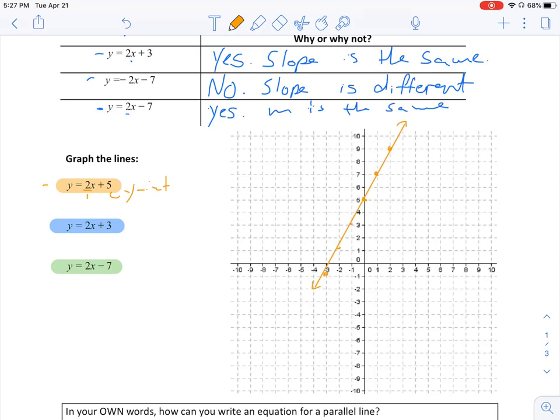My second line, y equals 2x plus 3, again, my y-intercept is positive 3, and my slope is the exact same, up 2 over 1. And I would follow this pattern, or follow this rate of change. So we have a blue line. It looks like this. So blue and orange are parallel.